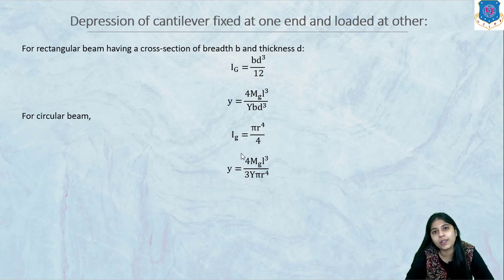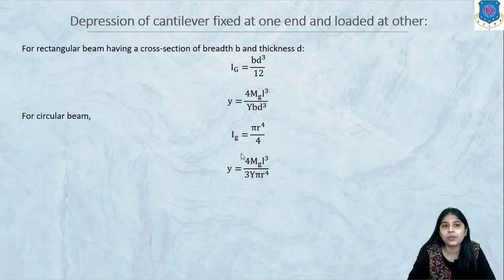If the thickness is increased, depression will be decreased. Similarly with the circular condition, if the radius is increased, the depression will be decreased. So this is the expression for depression of a cantilever for rectangular cross section and circular cross section. Okay, thank you.